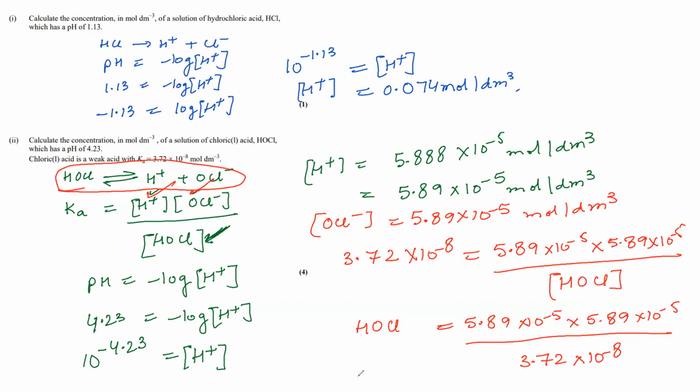Solve it and you will get the concentration of HOCl to be 0.0932 mole per decimeter cube. Okay. Hope this is clear. This was easy.